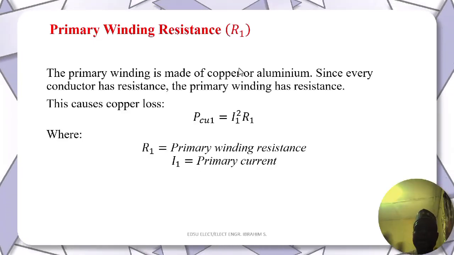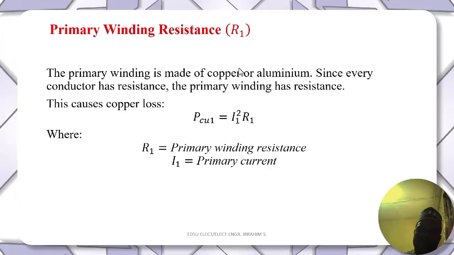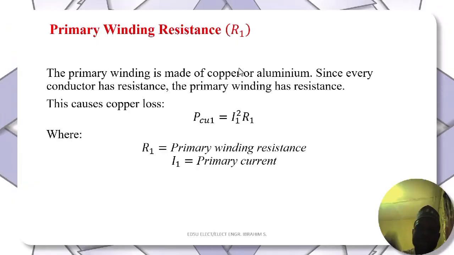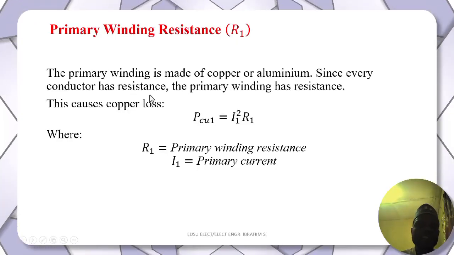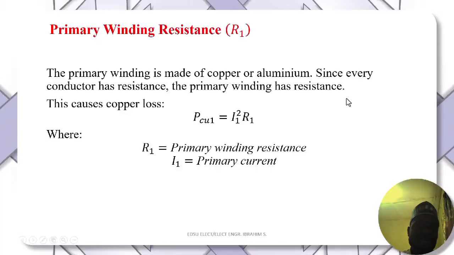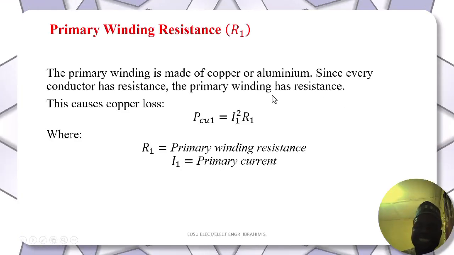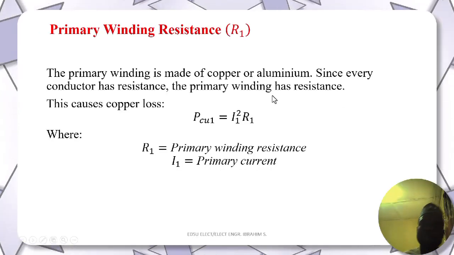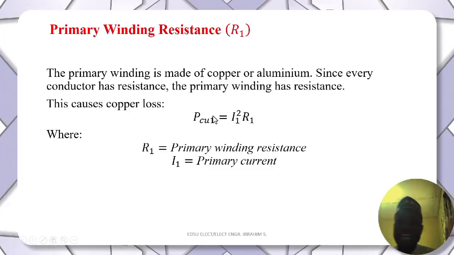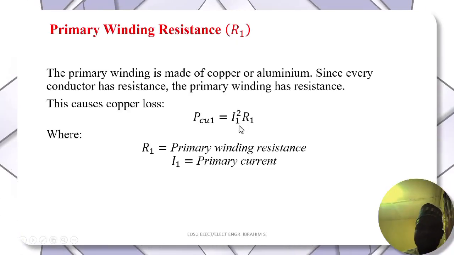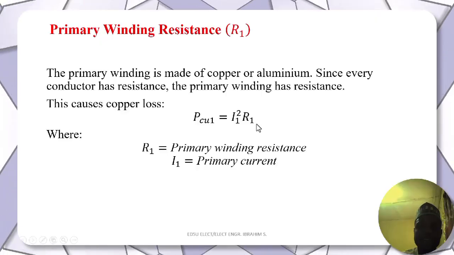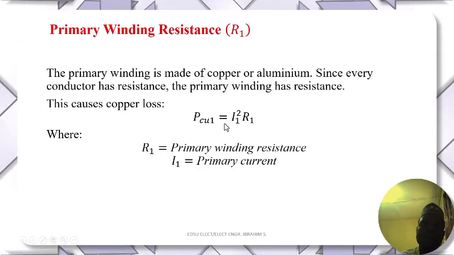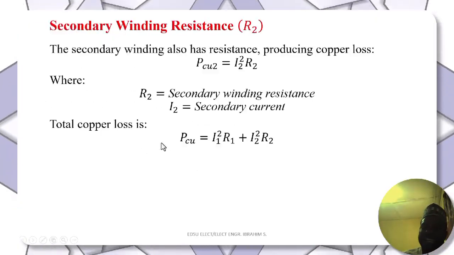Now, whichever material they use, either copper or aluminum, it definitely has resistance. Since every conductor has resistance, the primary winding has resistance also. This resistance leads to copper losses. So at the primary side we have the primary current squared multiplied by the primary resistance, which gives the copper loss at the primary side.